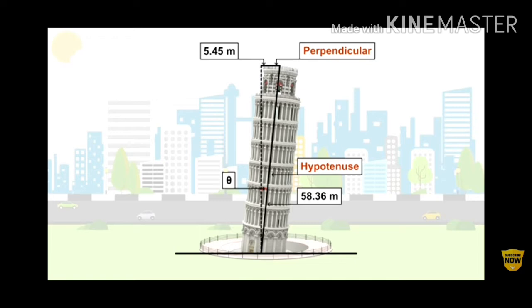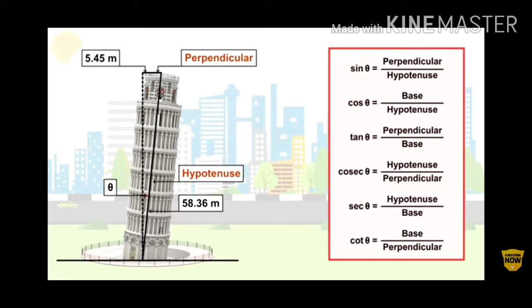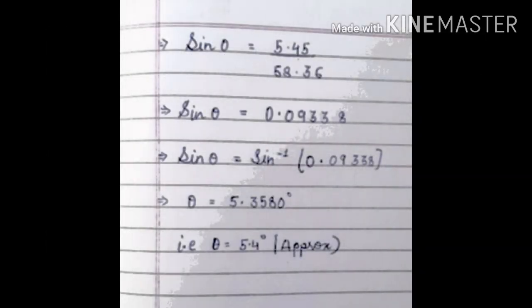As we all know, sin theta is equal to perpendicular on hypotenuse, which implies sin theta is equal to 5.45 divided by 58.36, which implies sin theta is equal to 0.09338, which implies theta is equal to sine inverse 0.09338, which implies theta is equal to 5.3580 degrees, that is theta is equal to 5.4 degrees approx.